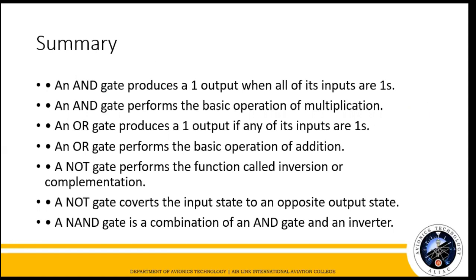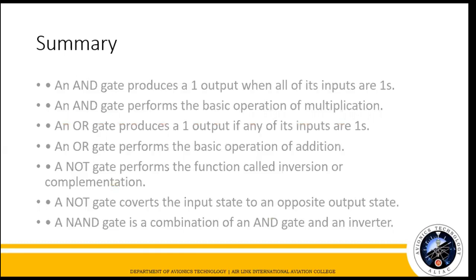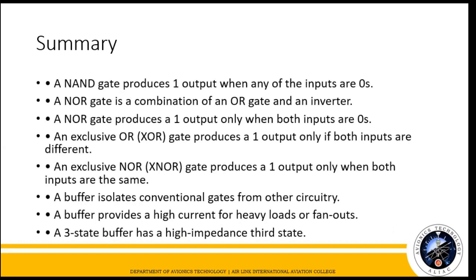An OR gate performs the basic operation of addition. A NOT gate performs the function called inversion or complementation. The NOT gate converts the input state to an opposite output state. The NAND gate is a combination of an AND gate and an inverter. And a NAND gate produces one output when any of its inputs are zeros.